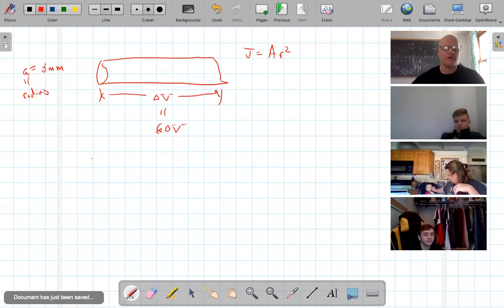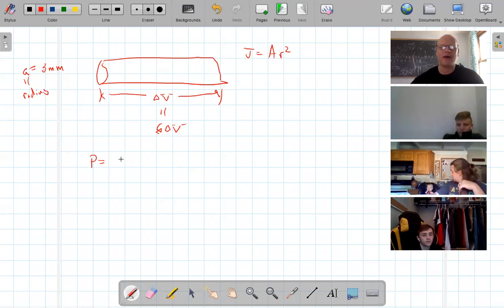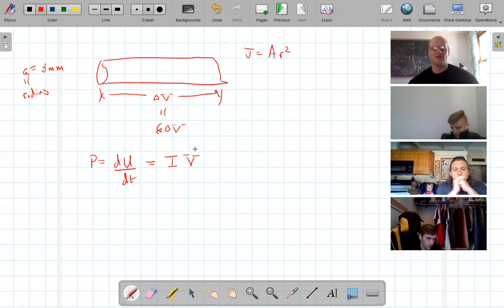The first thing we need to know is what is the power? Again, the power is the rate of energy, so this is the change in energy with respect to time. Well, we know power is also equal to the current times the potential. Here we know the potential, that's simply equal to 60 volts. We now need to know the current. Current is equal to the integral of the current density integrated over the differential area.